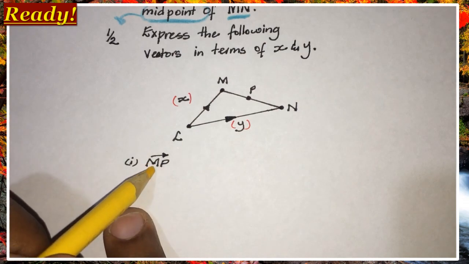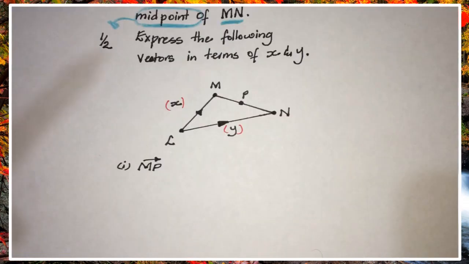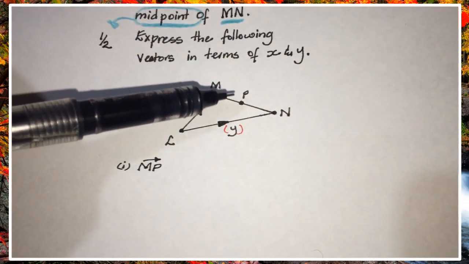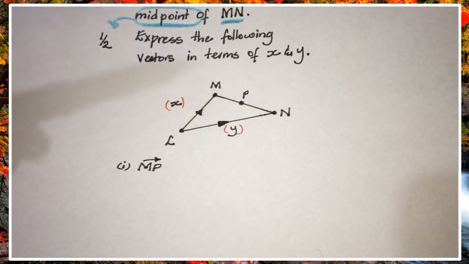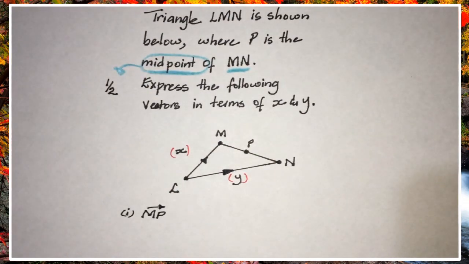So we're going to start at M and we're going to head towards P. So when I look at it, there's no X or Y where M and P is. But we can use the relationship that we were given in the stem of the question to find it.